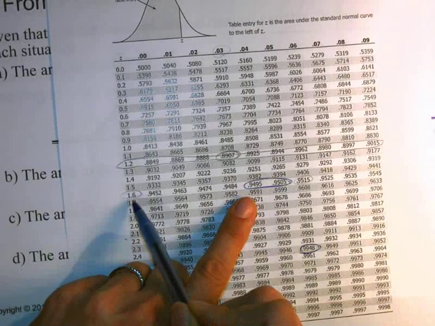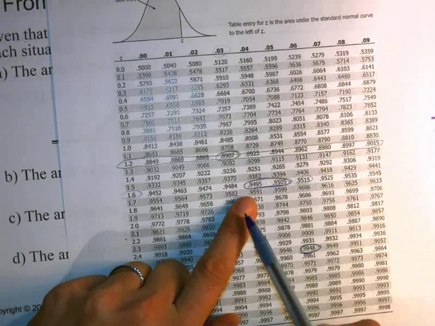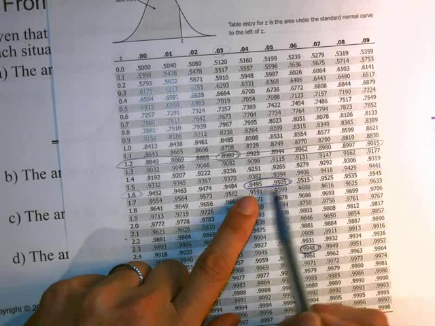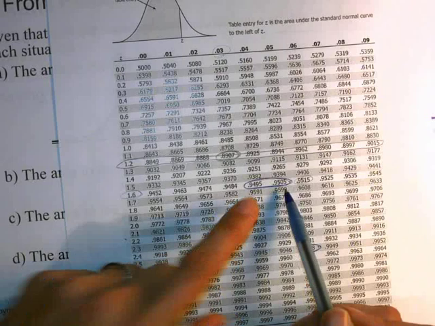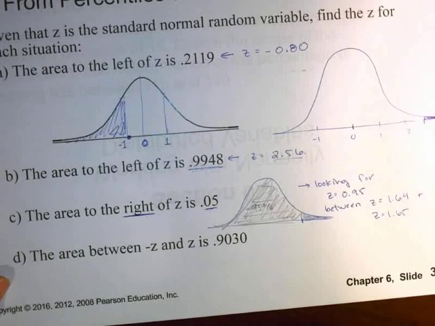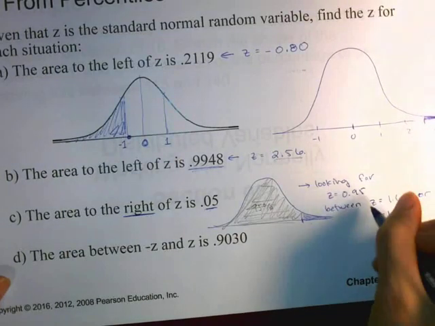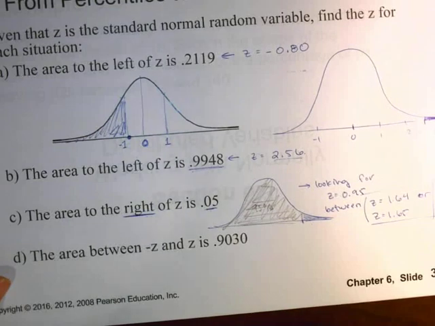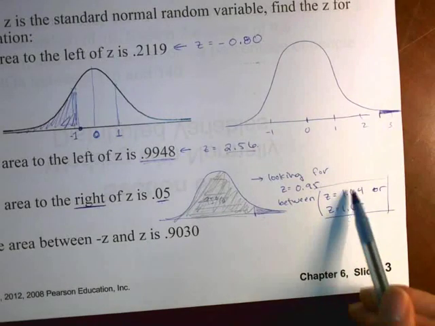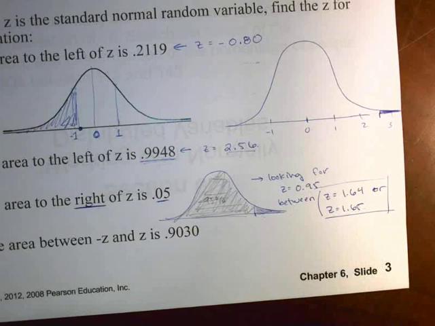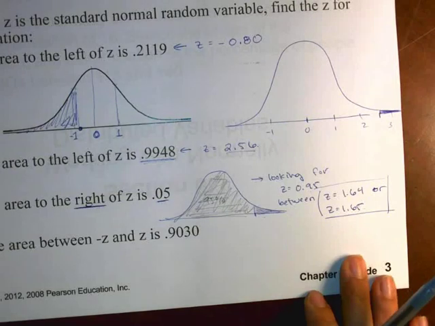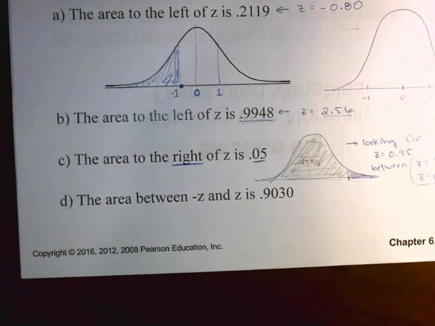Here, both of these are equally far away from 0.95. So you can pick either z-value. You can pick 1.64 or 1.65. The true z-value looks to be probably pretty close to halfway between the two of them. So in your homework or on a test, your homework would accept either of these as the answer.